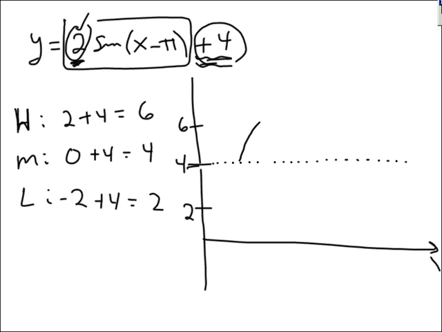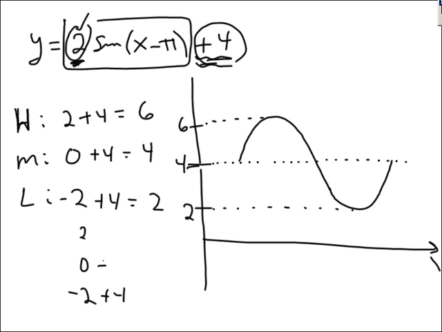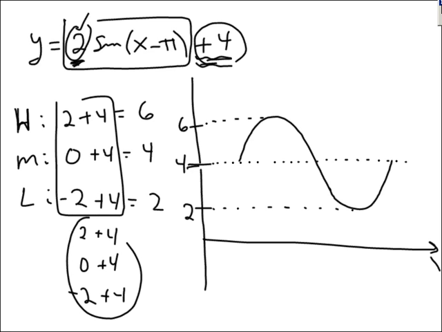Here's my positive sine graph. The highest value should be 6 and the lowest value should be 2. I just added 4. Instead of going from negative 2 to positive 2 with 0 in the middle, I add 4, and I get high is 6, middle is 4, low is 2.